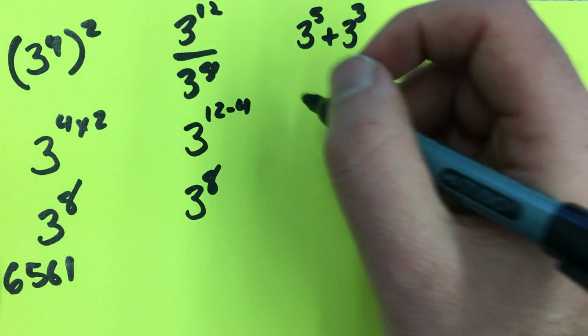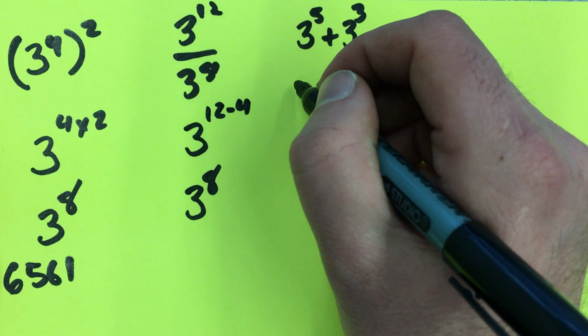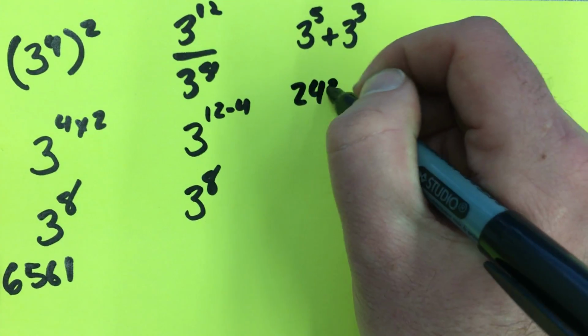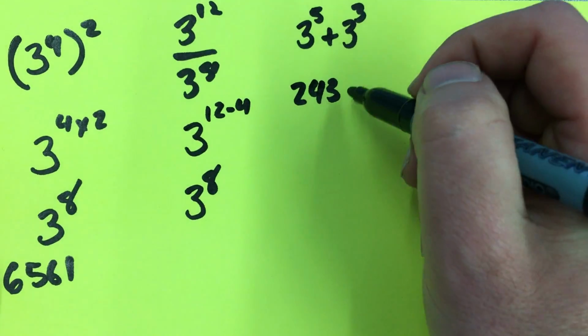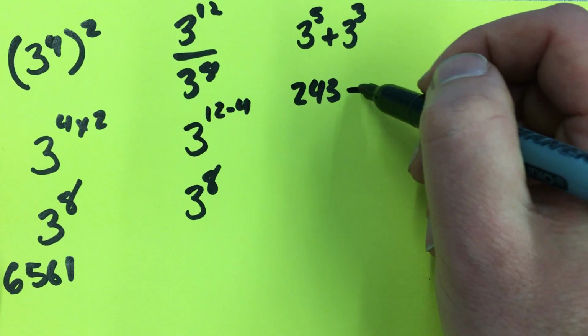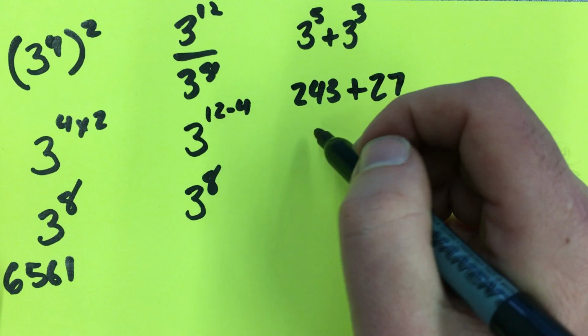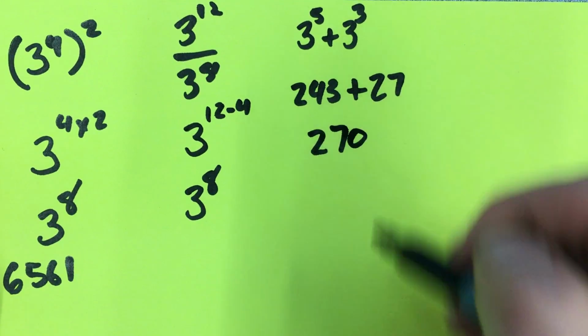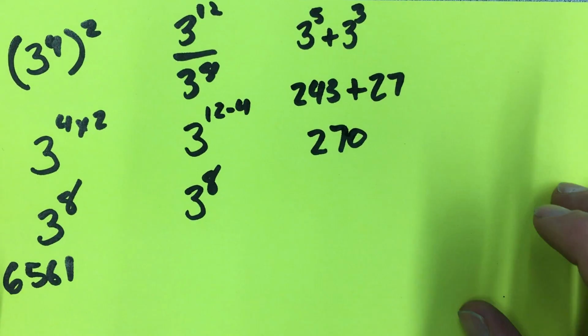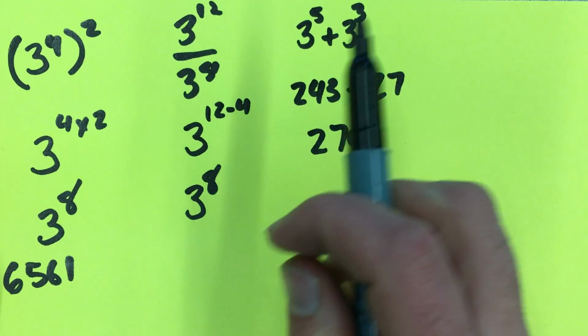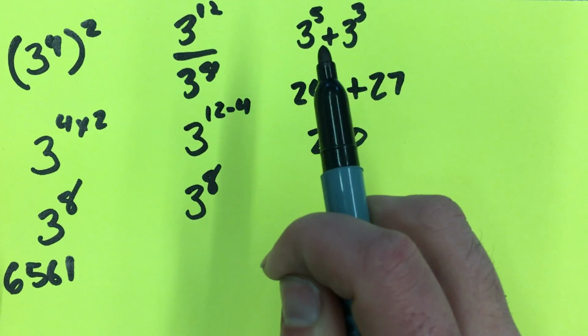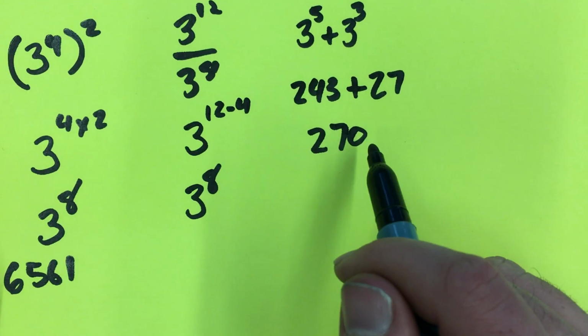In this case, add. So 3 to the power of 5 is 243. The value of 3 to the power of 3 is 27, and that will give us 270. So that's our value. Okay. Again, we can't just add things. We have to get the value because adding isn't an exponent rule.